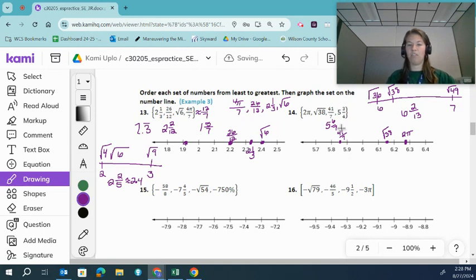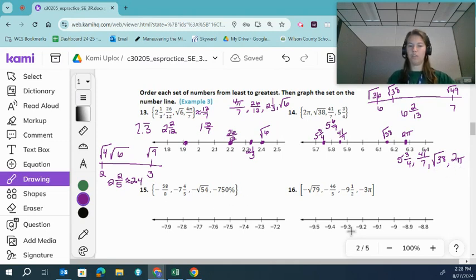And then 5 3/4 is 0.75, so that's going to be right here, 5 3/4. So if we put these in order, we have 5 3/4, then 41 over 7, then the square root of 38 and 2 pi in order.